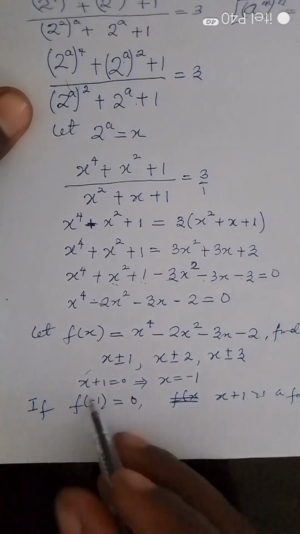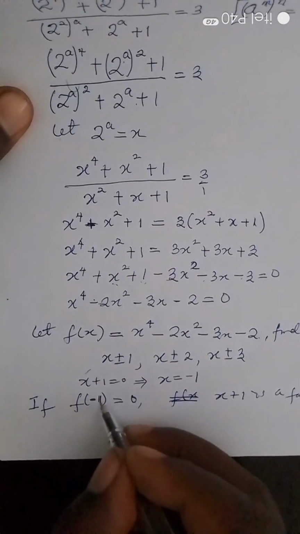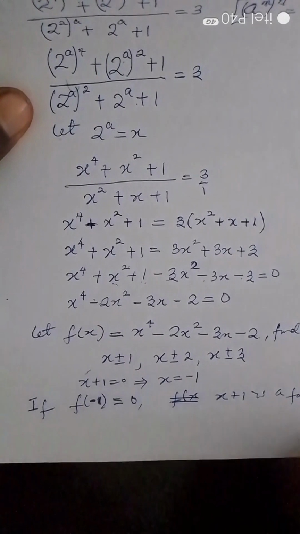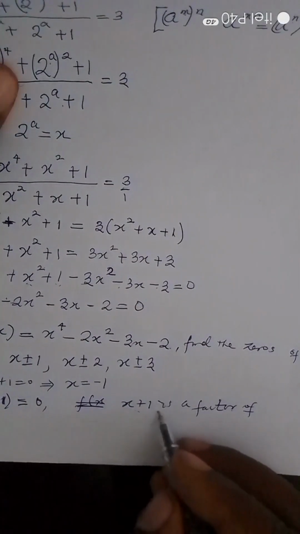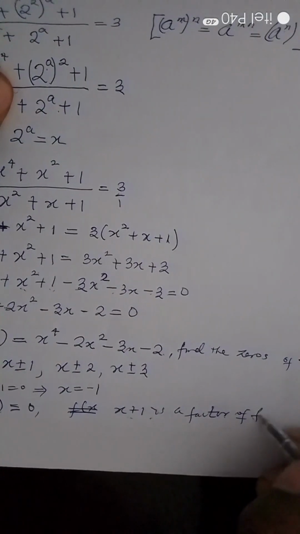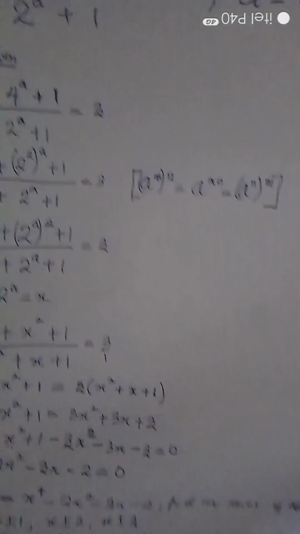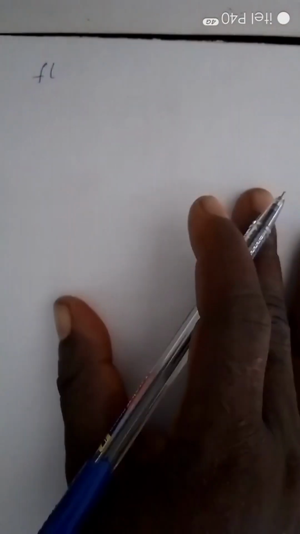From our solution, if f of minus 1 is equal to 0, then it means that x plus 1 is a factor of f of x. So let me move over to the next page. What we need to do is to substitute. I need to find f of minus 1.